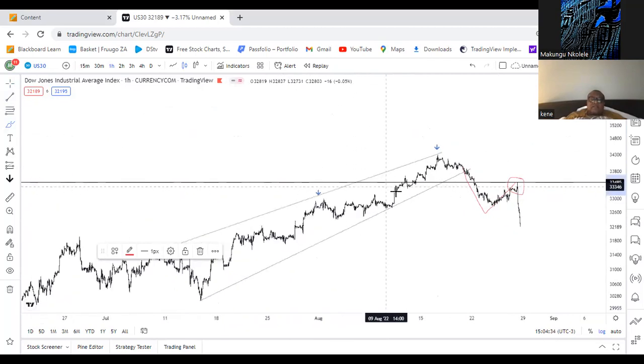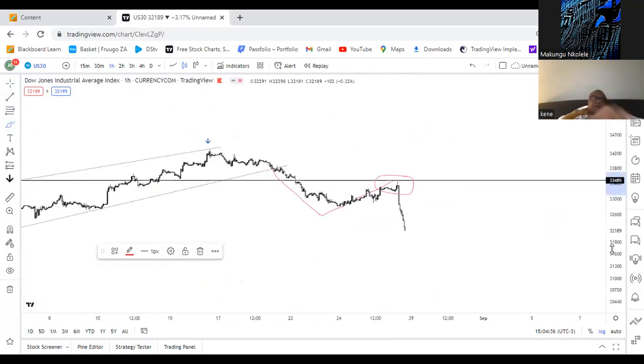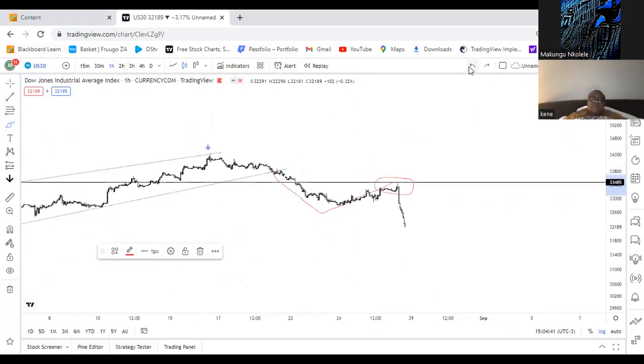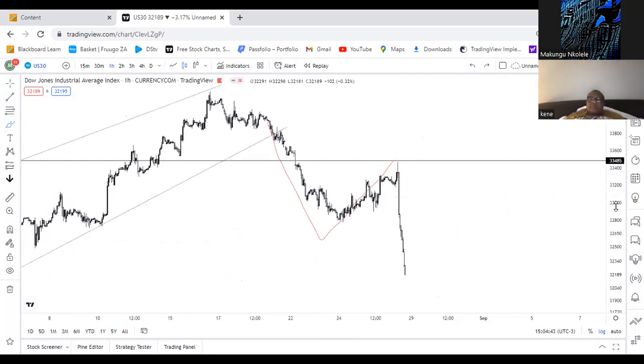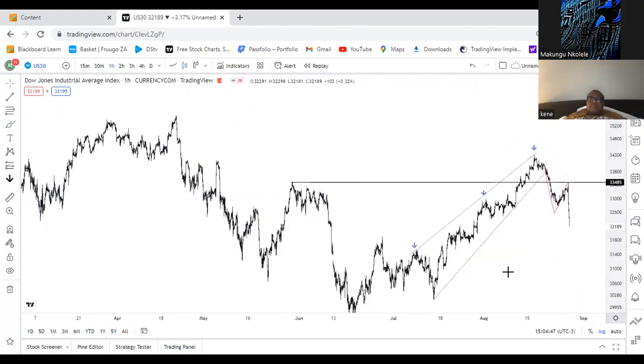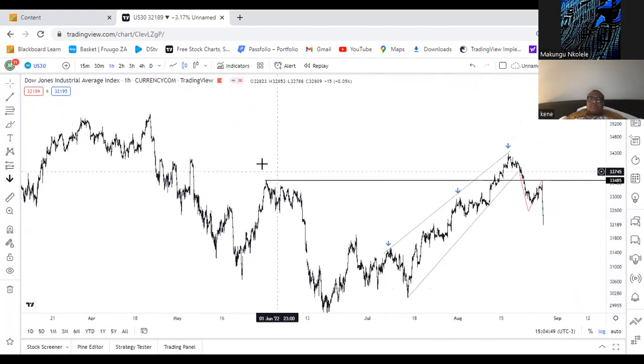So it rejected on that previous high, which means it's back within that trend, meaning that it's a double top formation.